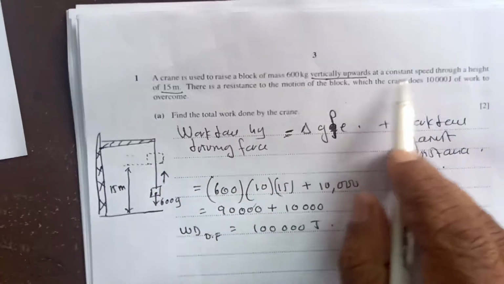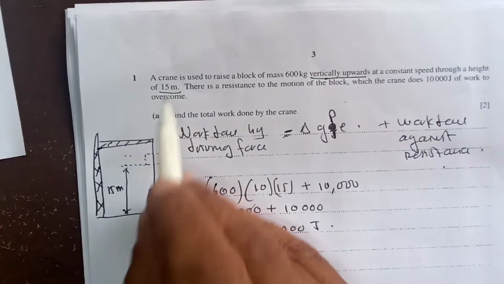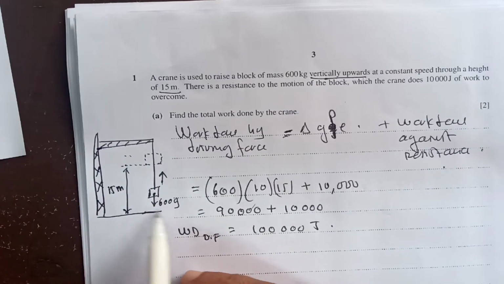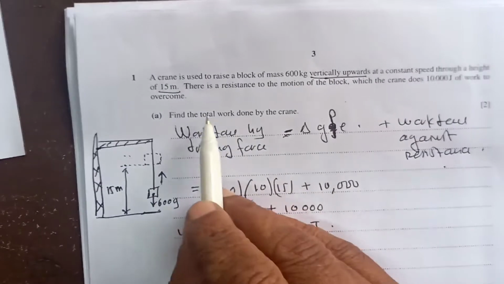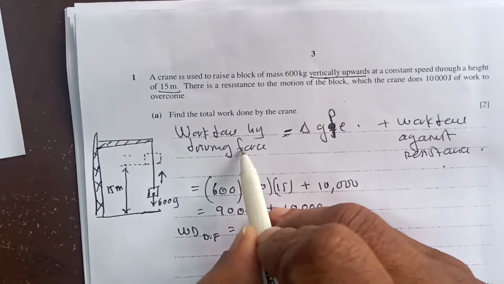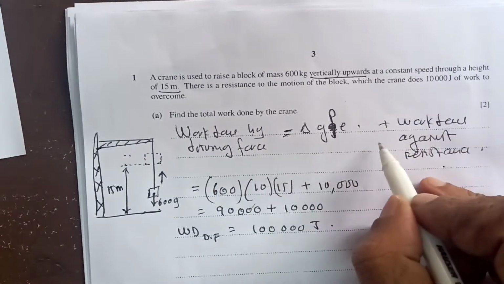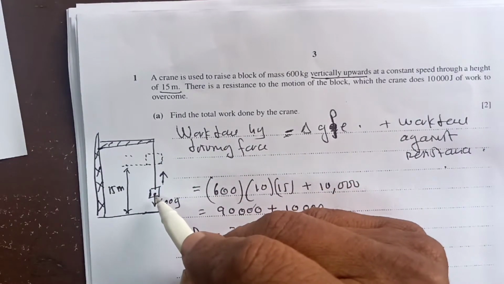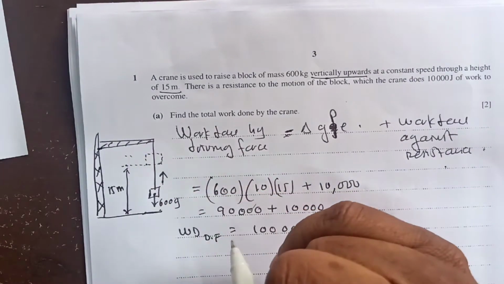It is moving upward with a constant speed through a height of 15 meters, from the ground to here. Now, the total work done by the crane only will include the gravitational potential energy gained by the block, and then the work done against friction in the bearing.